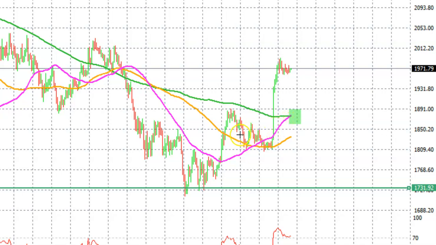Secondly, as you can see right over here, after a great struggle, the price has been able to break above all the important moving averages such as your 50, 100, and finally taking out that 200-day simple moving average to the upside. Now, of course, there could be a little bit of a retracement, but as long as it stays above these moving averages, we are likely to move to the upside.